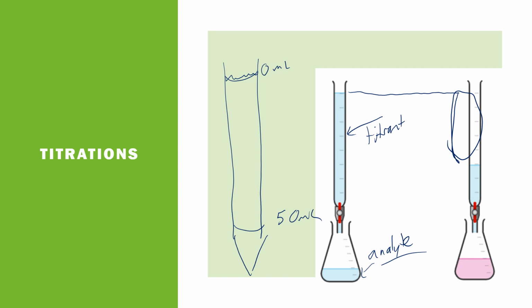And then as you slowly add a little bit at a time to your analyte, this level will go down, and whatever the reading is, that's how much is gone, how much you used for your reaction. So, I don't know, 10 milliliters. That means you used 10 milliliters for your reaction, you have 40 left in the burette.